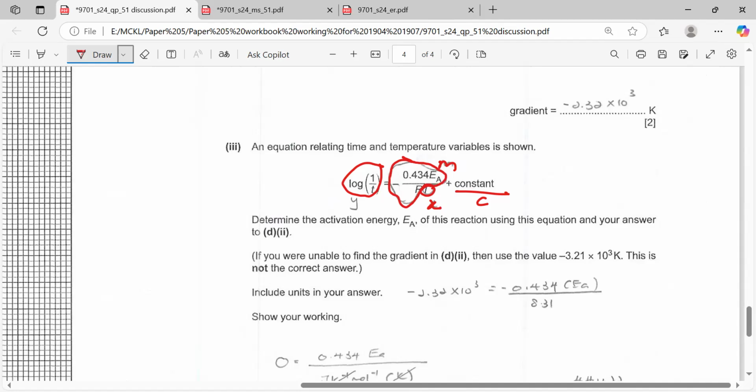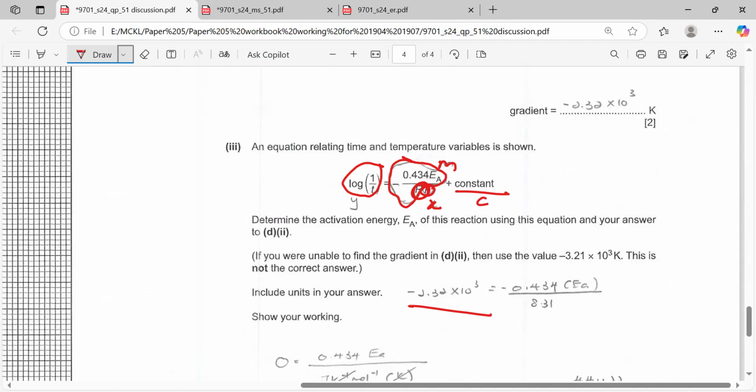Okay, so determine the activation energy of this reaction using this equation and your answer to D2. So therefore, your gradient is minus 2.32. Take your gradient and equate it to the function, which is negative 0.434 Ea divided by 8.31. Now, everybody be very careful. The R over here, I need you to go to your question paper, last 2 pages, to check what the R is.